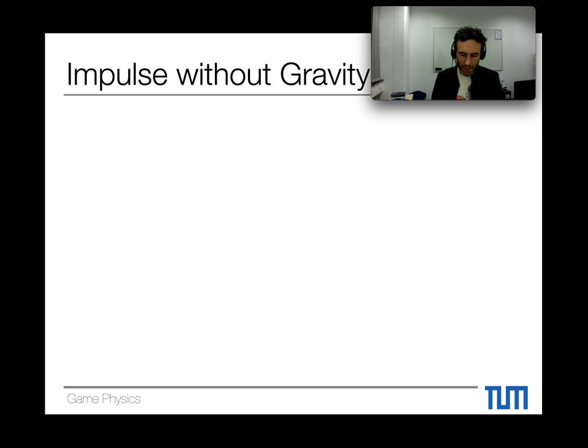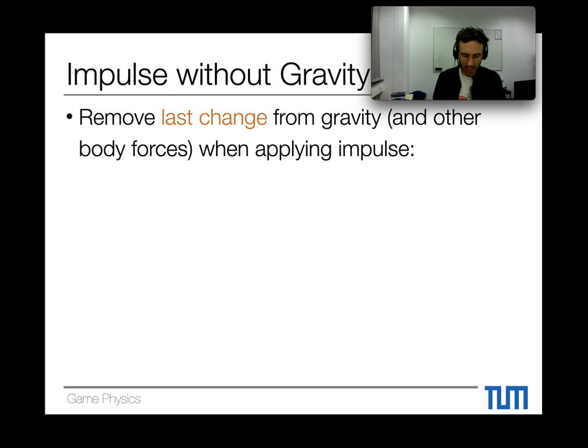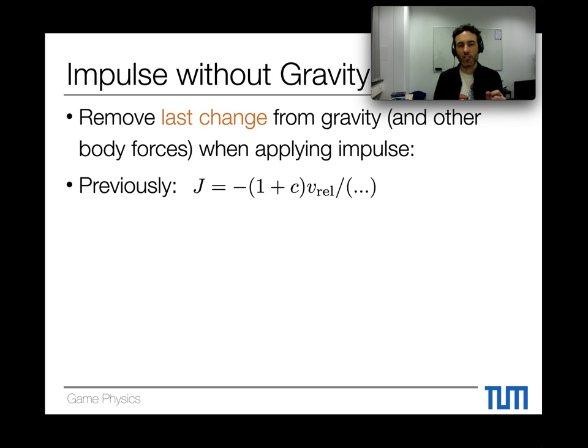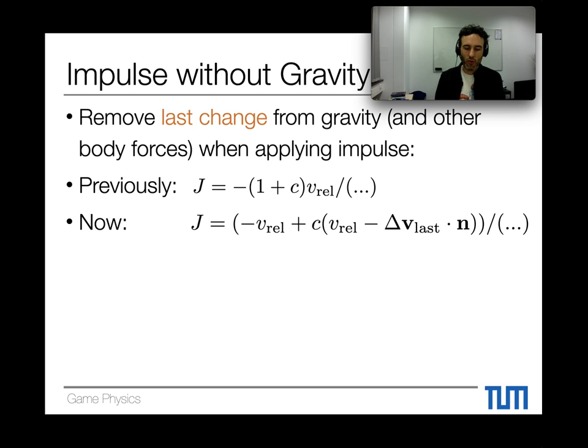Let me quickly write out here on the slides what that looks like if we actually remove the gravity bounce back. Previously in the fraction for our impulse, we had this term on the top of -(1 + c) times relative velocity, I hope you remember. And what we changed that to is the following expression.